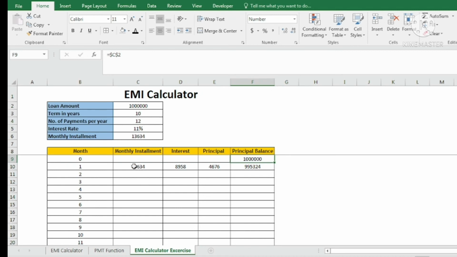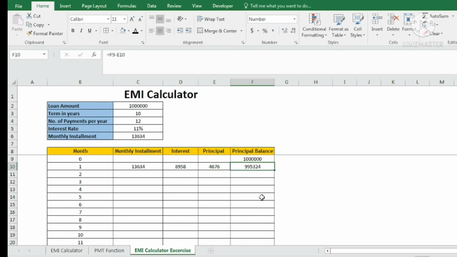And then we have created a formula here for the monthly installment, which ideally should equal this, but we have used an IF formula here. Why are we using the IF formula here? Because once the tenure is over, after 120 months, it should show me 0, not this amount. And the interest we have calculated based upon this value, the first monthly interest based upon this interest rate, and then the principal and the remaining balance after reducing this principal.